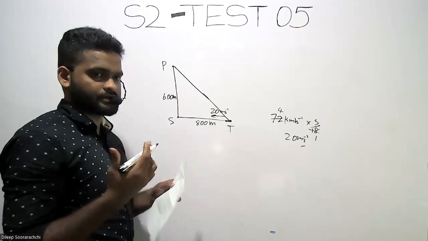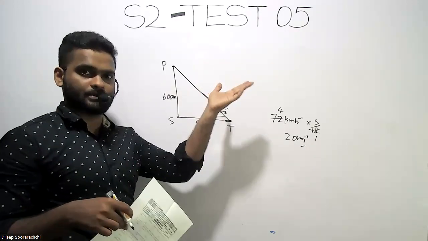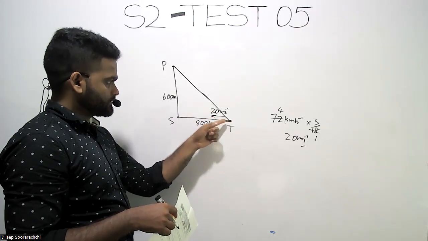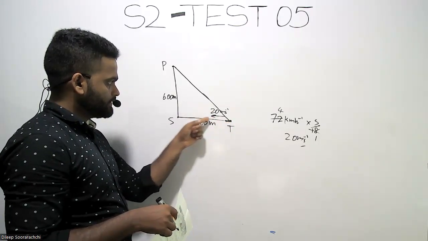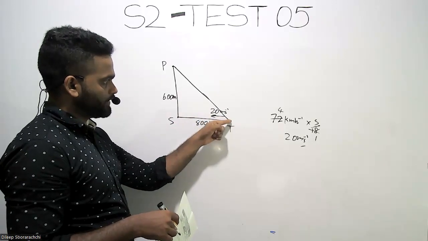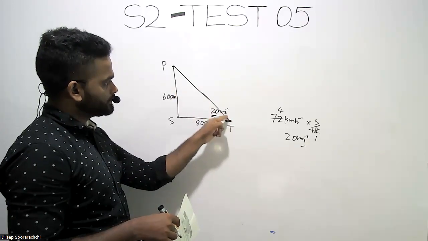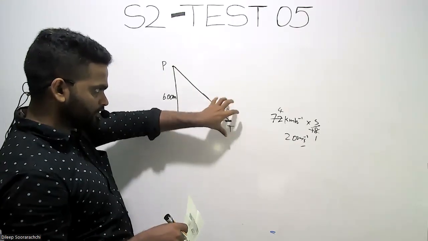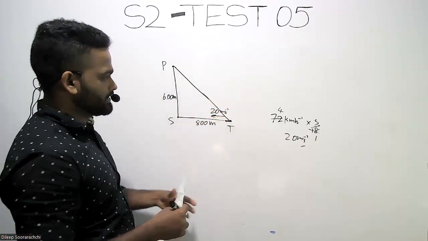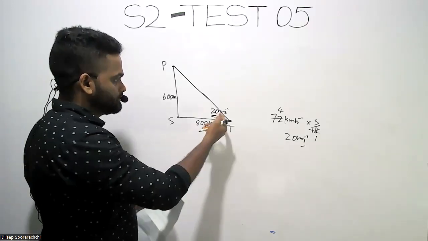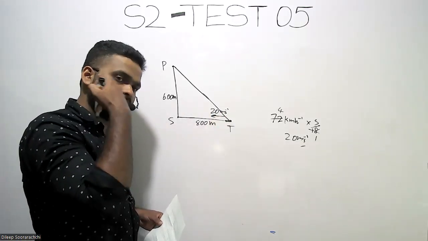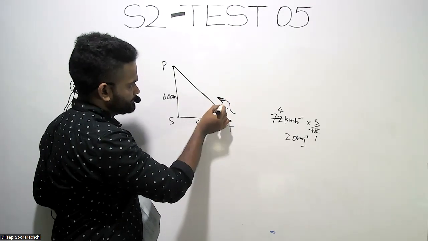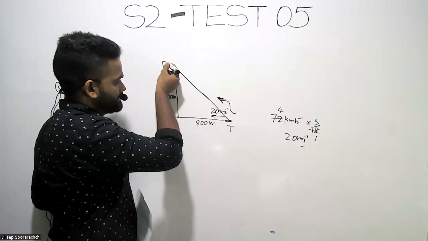So here the only difference compared to the previous questions is the source. This is the source actually. Source is moving to this side, but the sound waves are moving to the direction of the man. Sound waves are moving in all directions, but the relevant sound wave is the one heard by the man. So the sound wave is moving towards the man because he is hearing the sound.